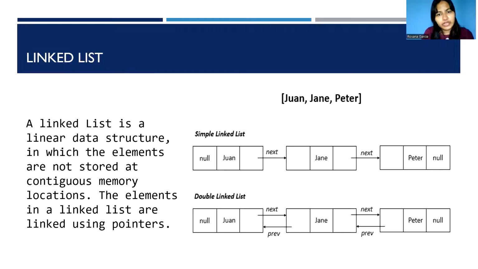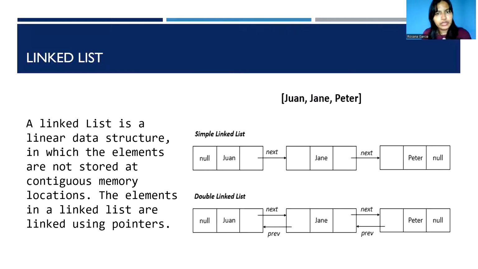The nodes contain the data, that is the value, Juan, and pointers to the previous and the following value of the node. Juan is the first element, therefore there is no element before him, and then the node points to null. And we have a next element that is Jane.